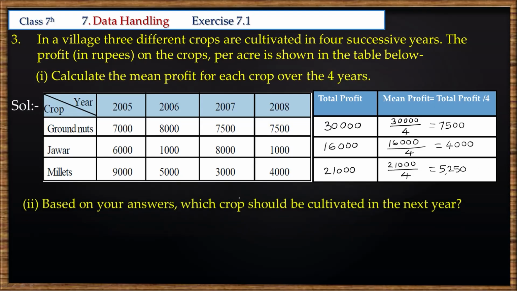The second part is, based on your answers, which crop should be cultivated in the next year? If we observe all the profits, the profit on groundnuts is more because it is 7,500.